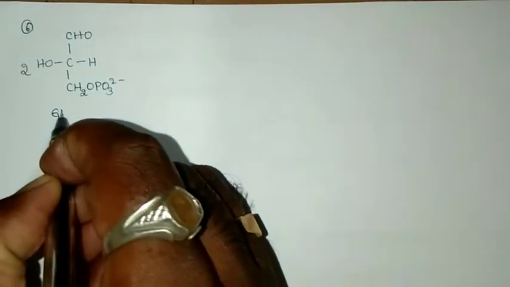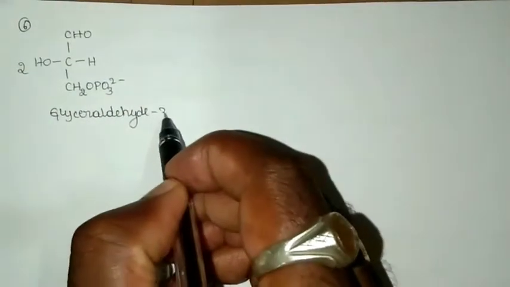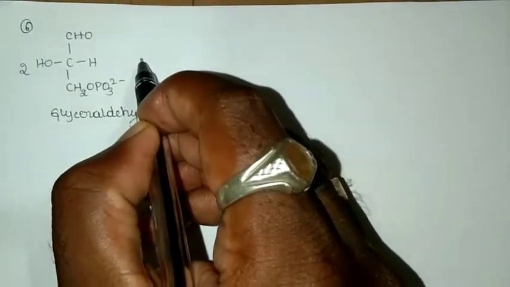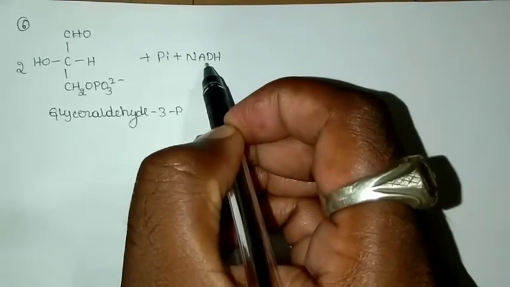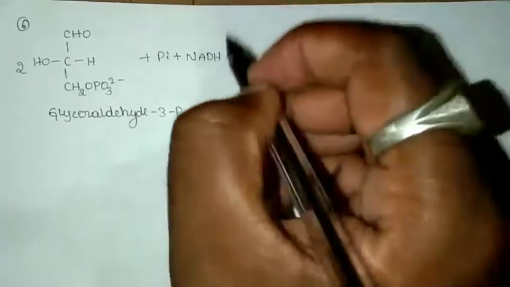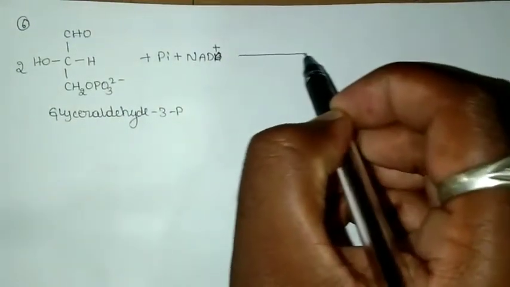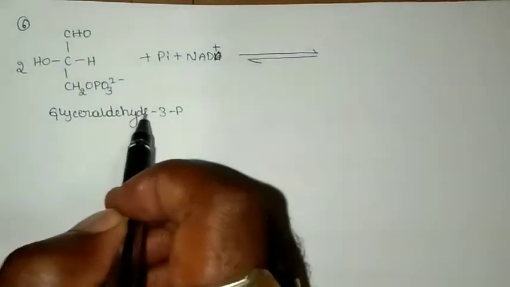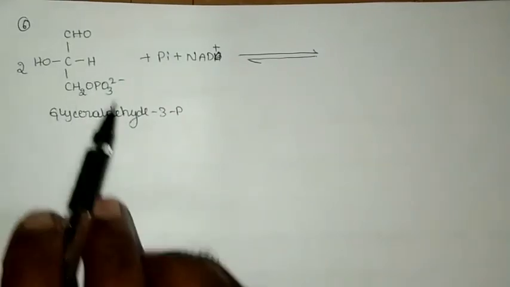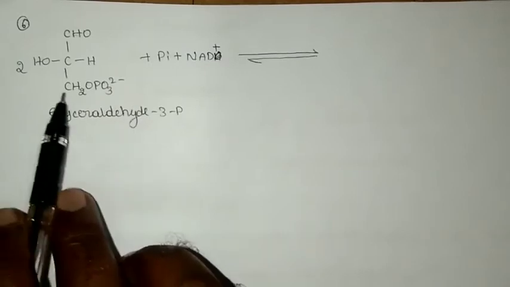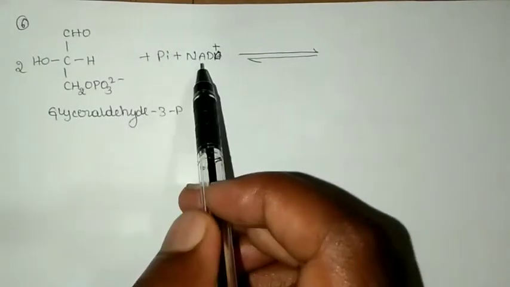Now the glyceraldehyde 3-phosphate, which is produced from the glucose molecule, actually there are 2 glyceraldehyde 3-phosphate molecules, and this glyceraldehyde 3-phosphate in presence of inorganic phosphate and the coenzyme NAD+, nicotinamide adenine dinucleotide, reversibly, each glyceraldehyde 3-phosphate molecule will utilize 1 inorganic phosphate and 1 NAD+.